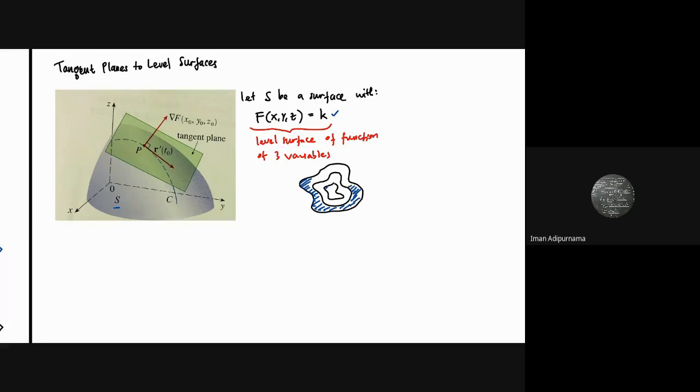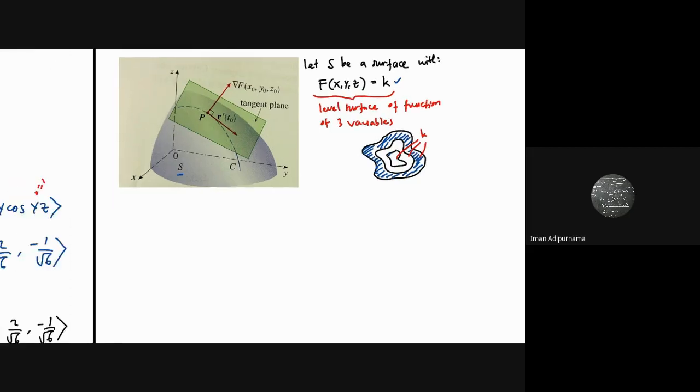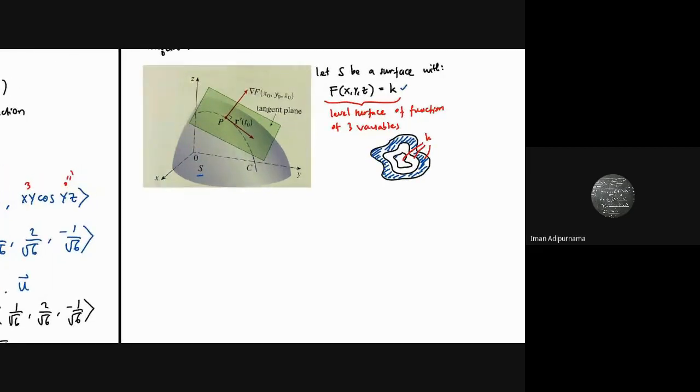The dark color means it's much lower in height, right? And we can take the differences between each of these areas with some constant k, and the constant k will be different, and it will show the level of the surface. Okay, but we will talk about that later.